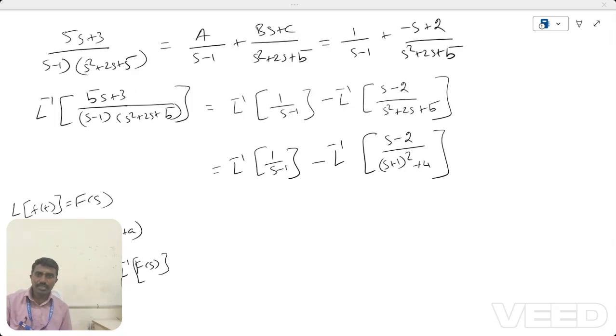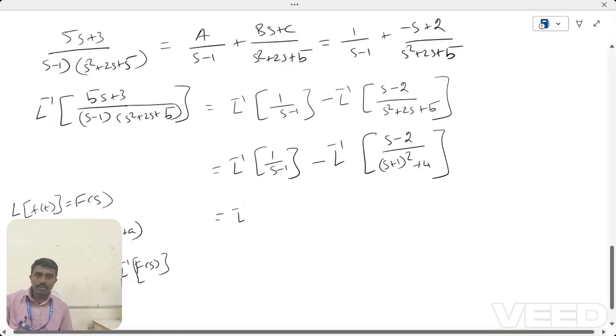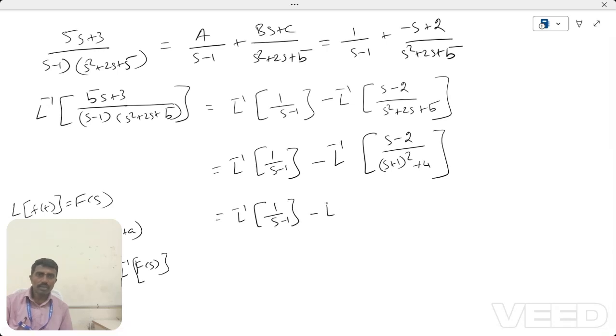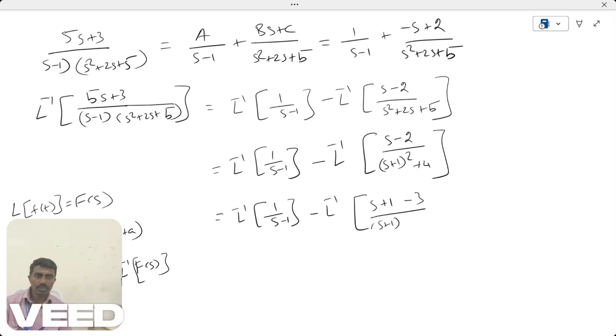So what do we make here? L inverse of 1 by s minus 1, minus L inverse of, so you can make the numerator as s plus 1 minus 3, divided by (s plus 1) the whole square plus 4.